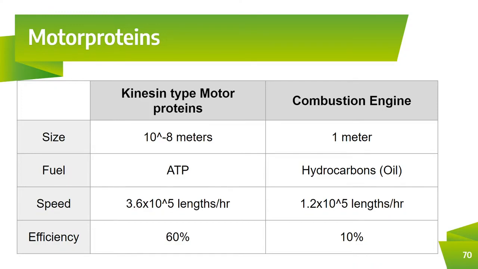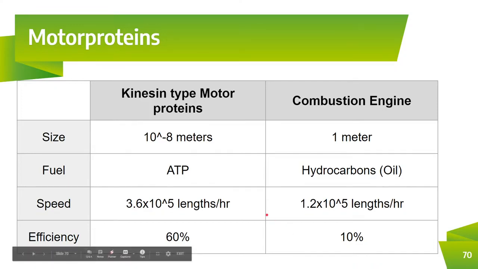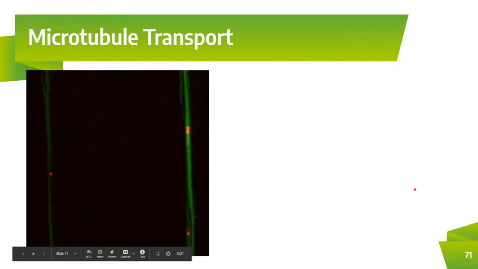Okay. So what it looks like in the cell, because now with our technology, of course, we have ways to not only look at it as a simulation or as a 3D model, we can actually look at it in live cells, right? What you can see on the left is in green the microtubules, and the red is basically the kinesin moving along them.